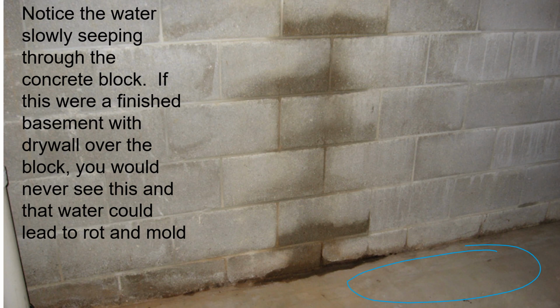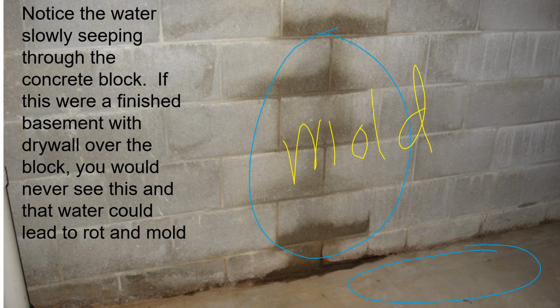It's just a little bit of water. The wall ends up being a little damp. Now, if this was a finished basement, you have drywall over it, you have carpet, you have furniture. You might not ever know that there's water seeping into your wall, and that water stays damp, which can lead to the growth of mold, which is extremely unhealthy.